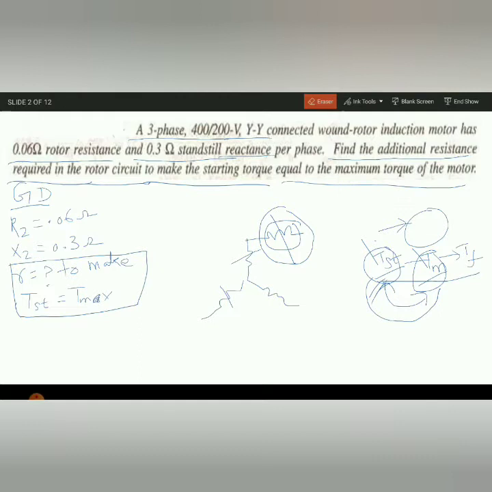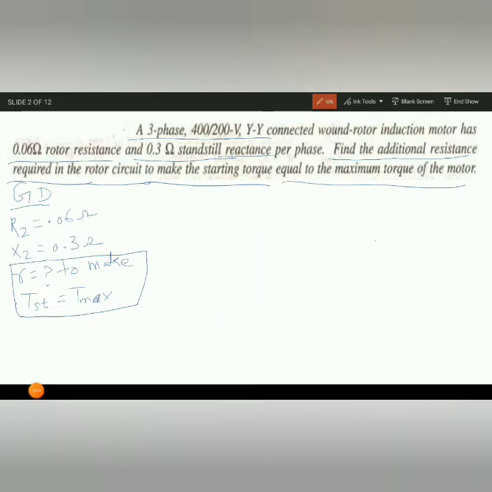And for finding this, how to proceed? They have already given the rotor resistance and the rotor reactance. We have to find the additional resistance to make the starting torque equal to the maximum torque.